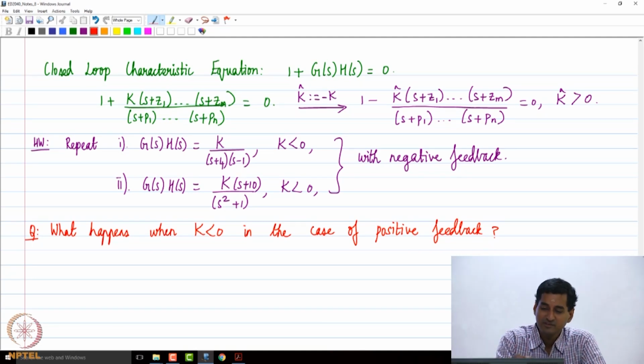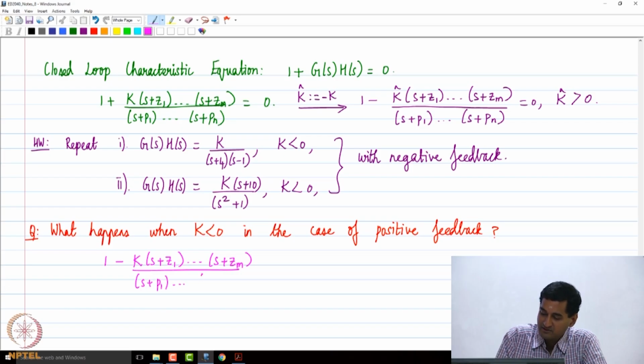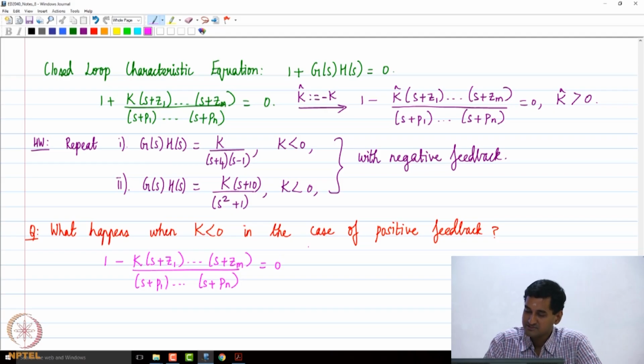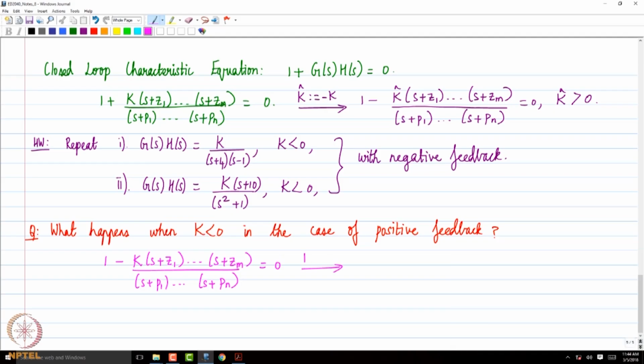If you have positive feedback, what do you think will happen to the closed loop characteristic equation? It will become 1 minus K (s plus z1) all the way till (s plus zm) divided by (s plus p1) all the way till (s plus pn) equal to 0. So once again we define a K hat which is negative of K. So what do you think will happen here?